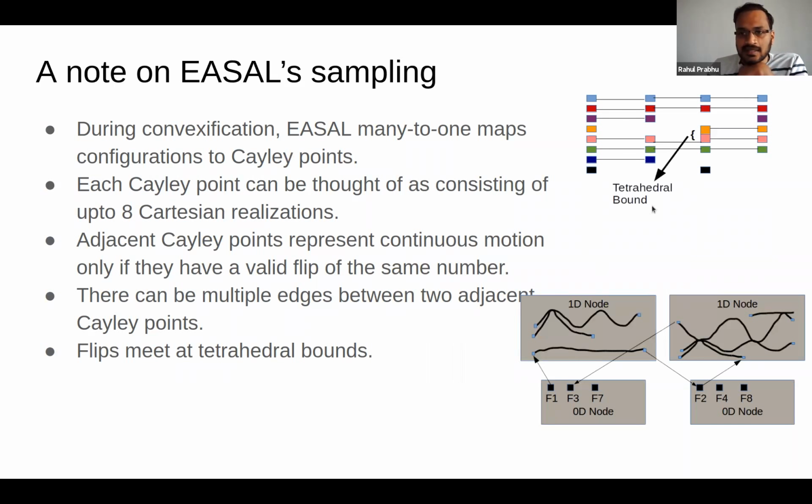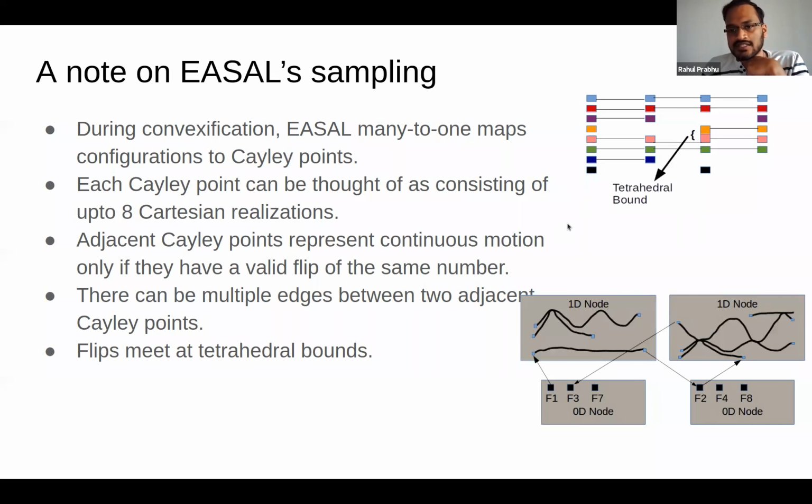Here, for example, I've shown a 1D Cayley configuration space. This entire set is one Cayley point, so is this, and so on. The split shows that it corresponds to many Cartesian configurations.